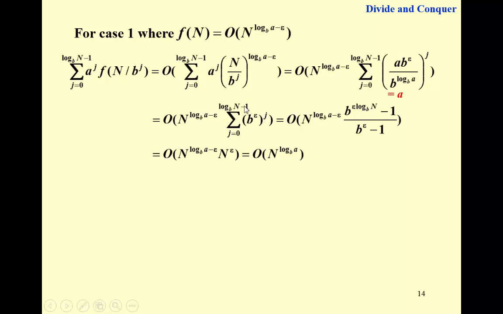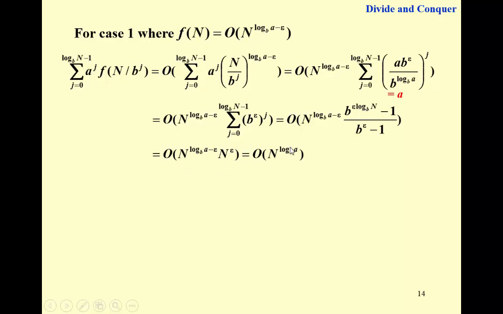And this sum can be obtained by using the formula that I assume you have learned in high school. After calculation, we get this and simplify it. This part is just n to the power epsilon, and the rest is only a constant, so it's in big O. Therefore we get big O of n to the power of log a over b minus epsilon, plus epsilon, so they will be cancelled out.